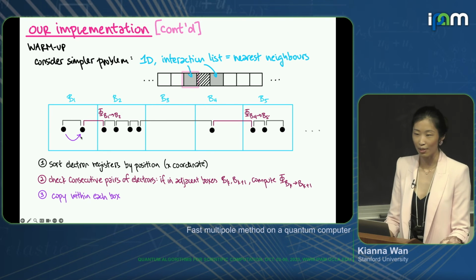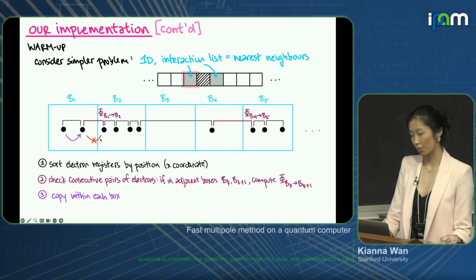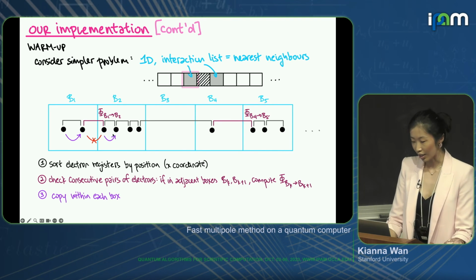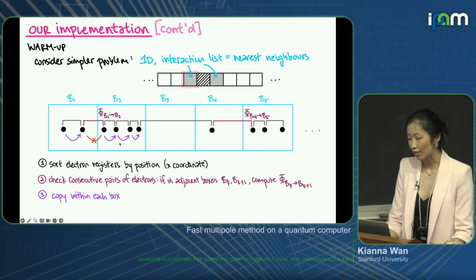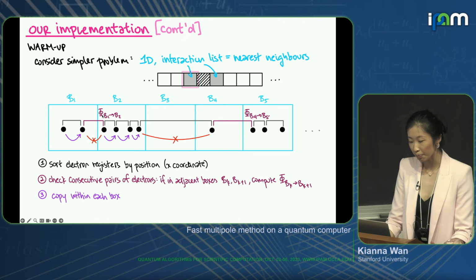This doesn't actually have any effect because we didn't compute anything in B1. These electrons aren't in the same box, so it doesn't trigger the copying. And these electrons are in the same box, so we copy, and then we copy again in this box. So now every box register storing B2 attached to these electrons does have the correct potential information.